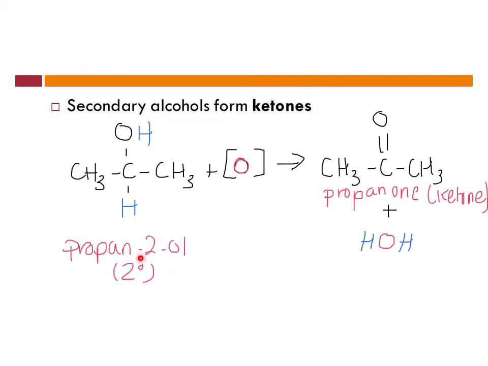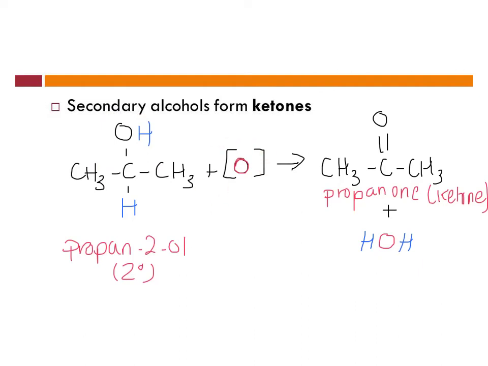In this case, our secondary alcohol is propan-2-ol, and we see 1 hydrogen atom removed from the hydroxyl group. The second hydrogen atom is removed from the carbon to which the OH group is bonded, and we get a ketone where the carbonyl group, or the carbon double bonded to the oxygen, is that same carbon 2. So we have propanone, which is a ketone.